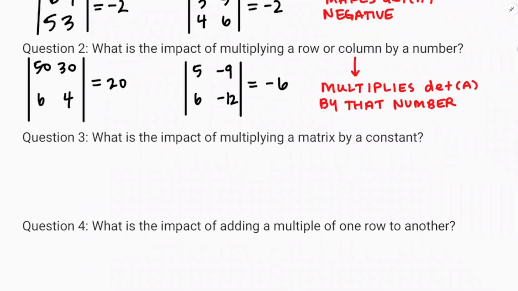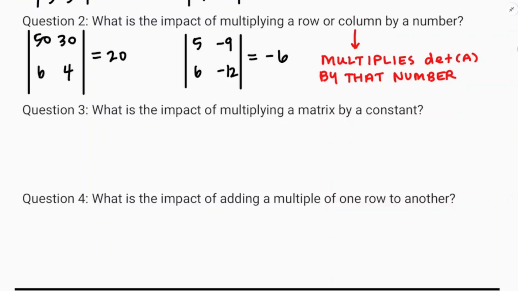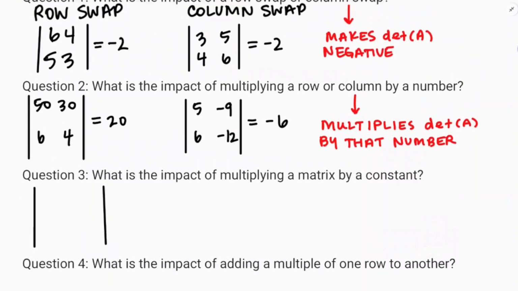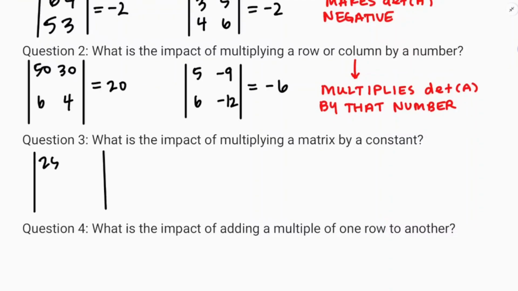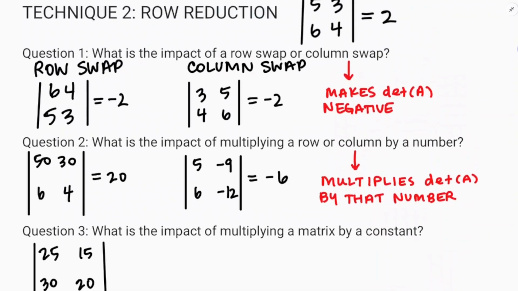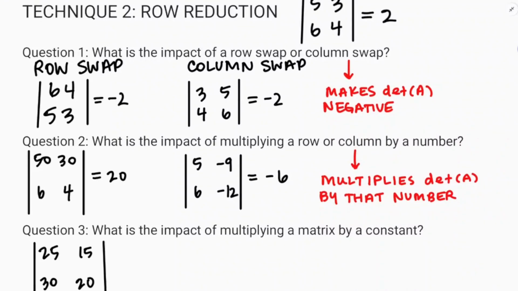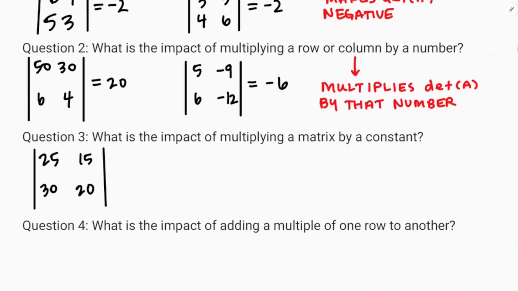Now if I were to multiply the matrix by a constant, let's say I multiplied it by 5, the whole matrix. So I need to go back and look at it. It's 5, 6, 3, 4, so 25, 30, 15, 20. Just making sure, 4 times 5, 3 times 5, 6 times 5, 5 times 5. Okay, great.